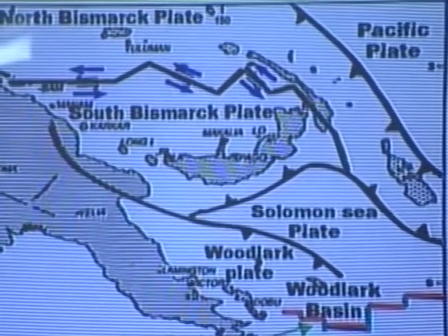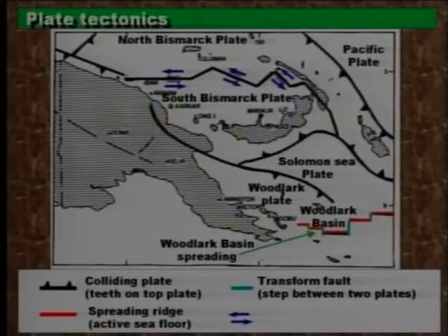The maximum width of this zone is only about 40 kilometers, and it extends from the southern end of New Ireland to the New Guinea mainland, except for what appear to be two seismically inactive regions near the eastern end of that particular feature.